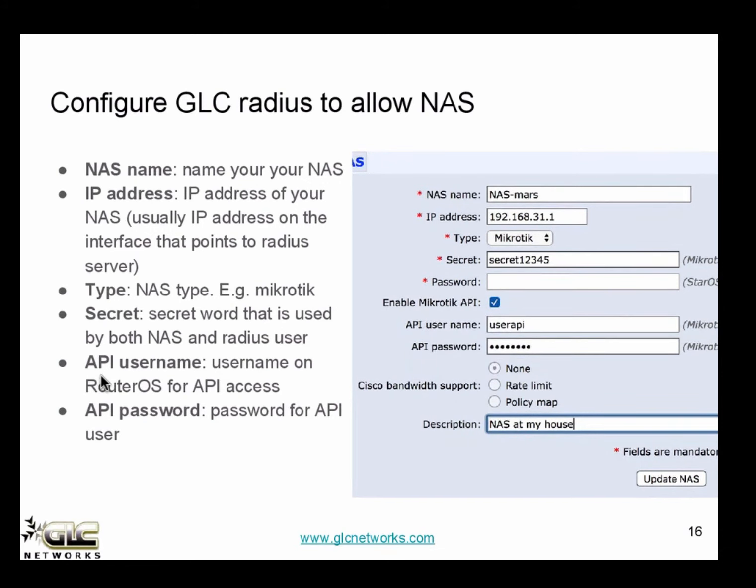And then API. I think this is one benefit of using GLC Radius, because it can support user API. I see some Radius software that doesn't support API. They only allow username and password. That's it. But GLC Radius can support API.